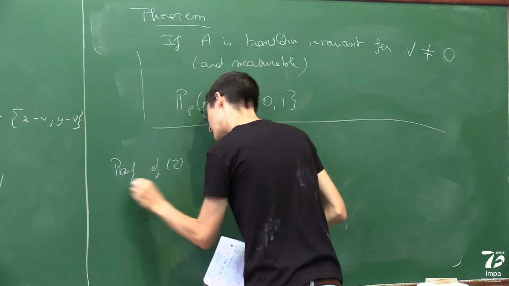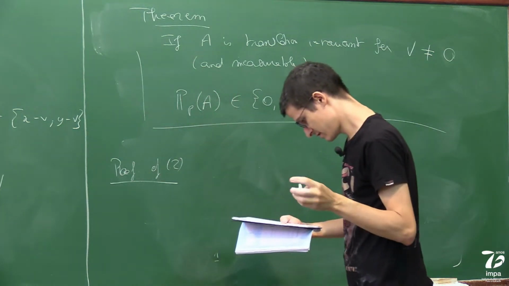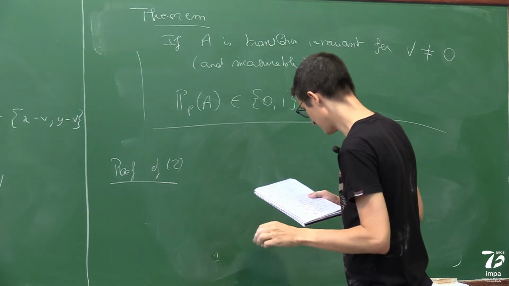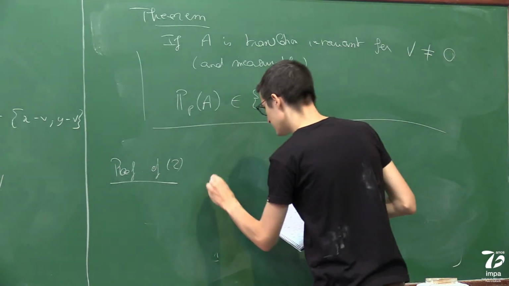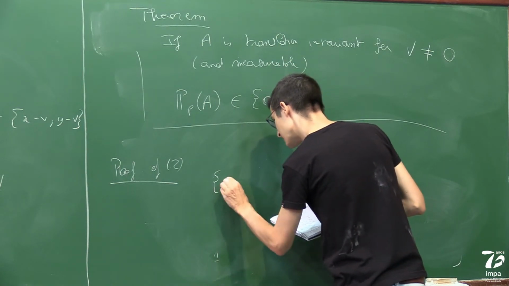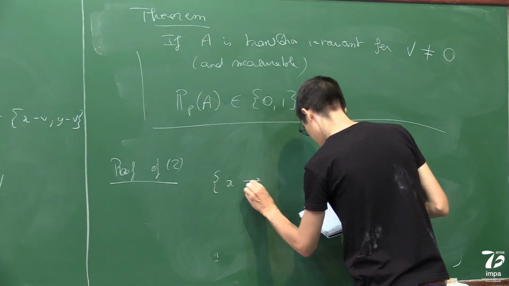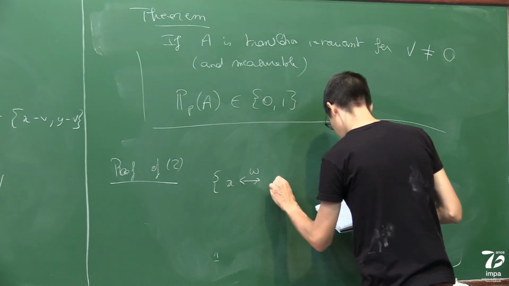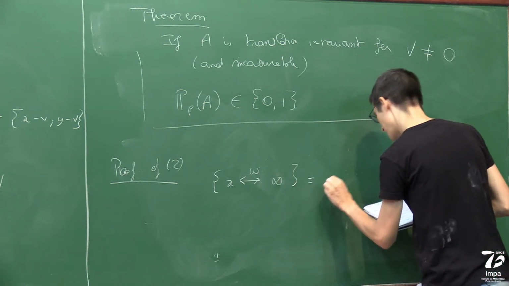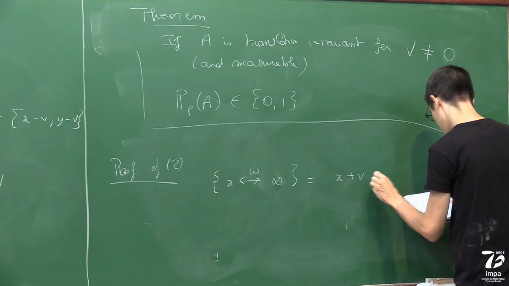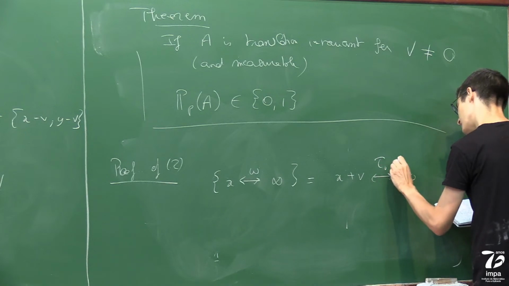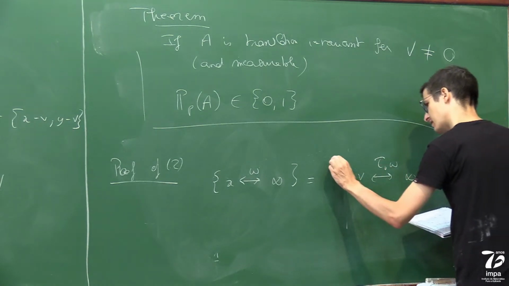If you look at the proof of 2, with this definition, what we have is that saying that x is connected to infinity for omega is the same as saying that x plus v is connected to infinity for the translated environment.